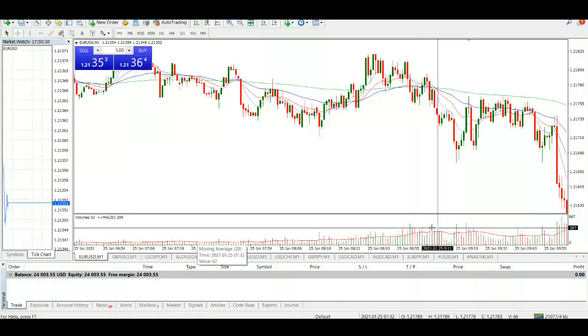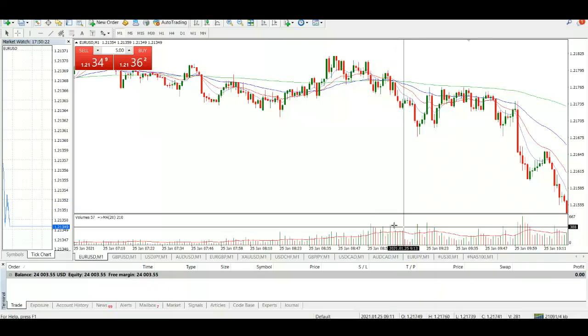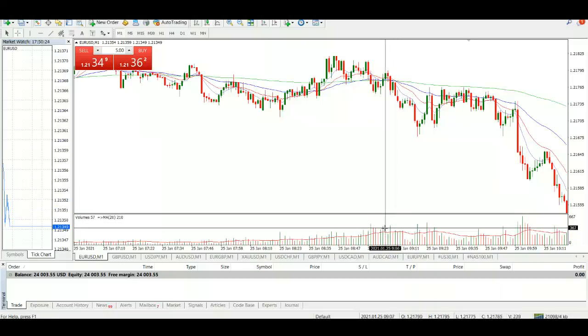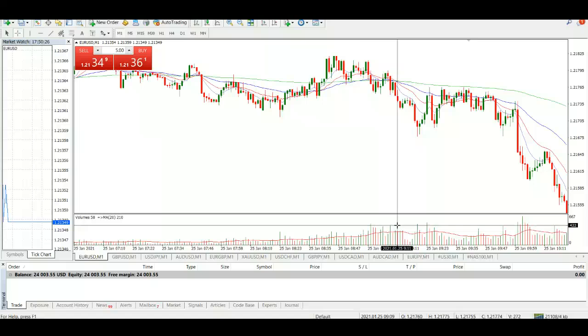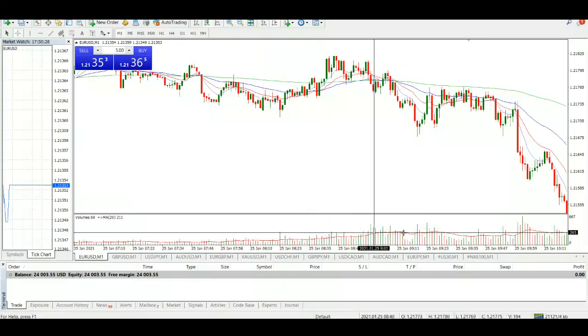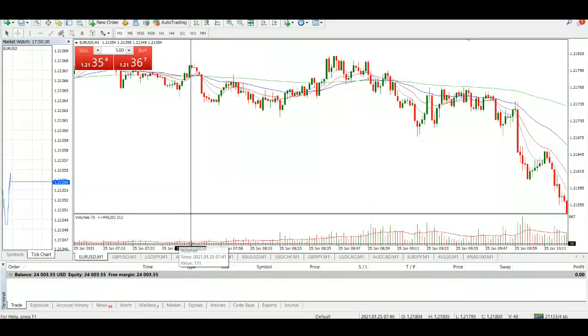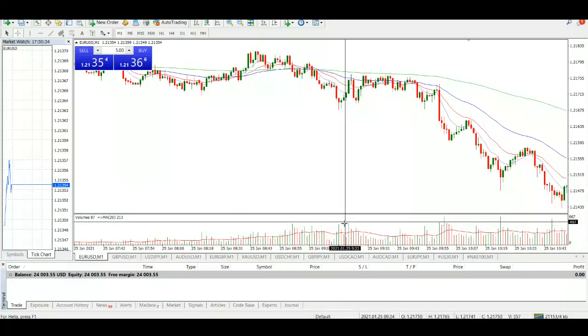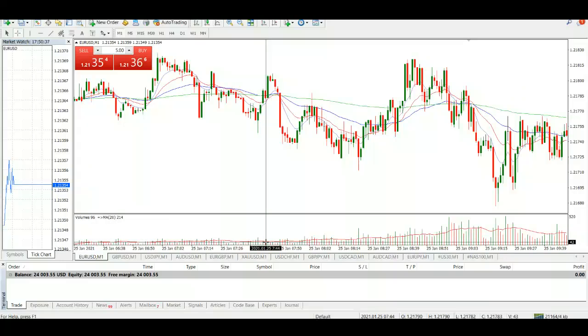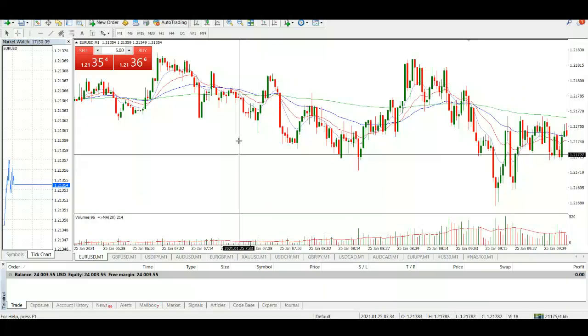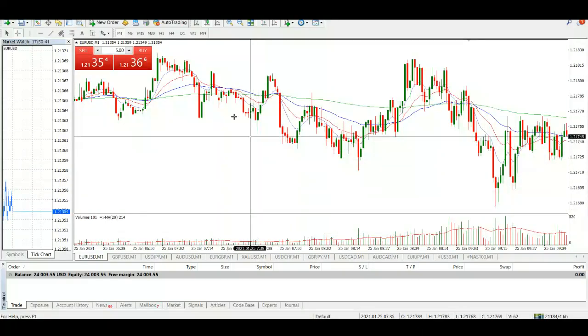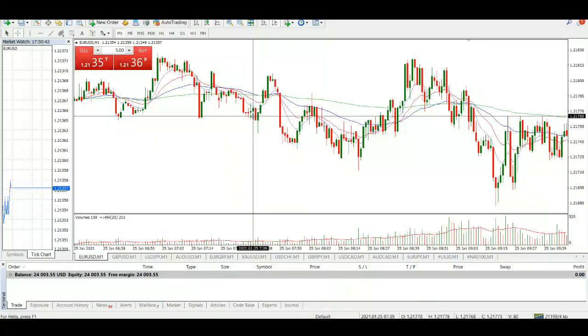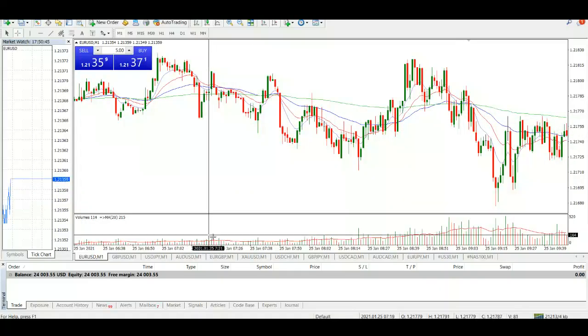So definitely trading at this time, it's always recommended to trade high volatile times, high volume times, in scalping. So trading at this period is better than trading at this period. What you need from the volume indicator is for it to be high. If it's low, the chance of the price trending is lower, but the market can still trend even with a low volume.